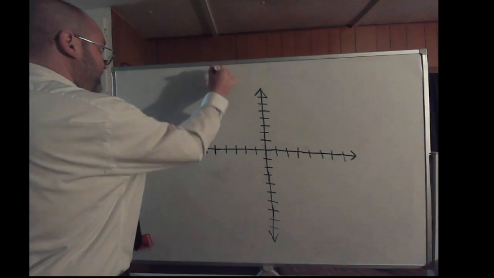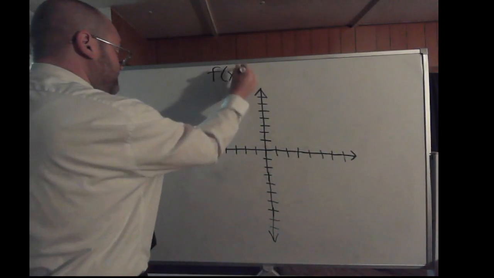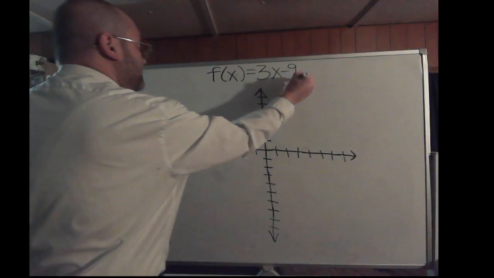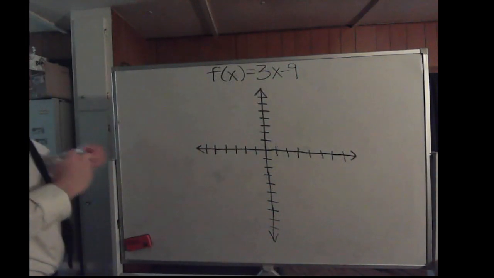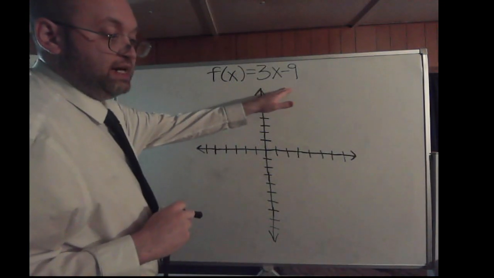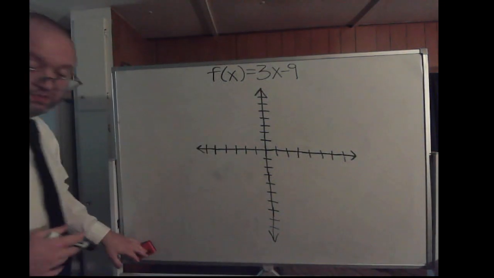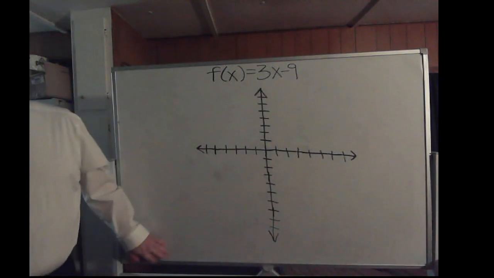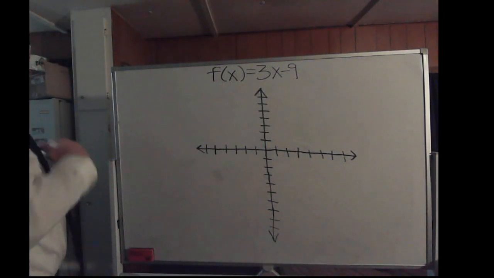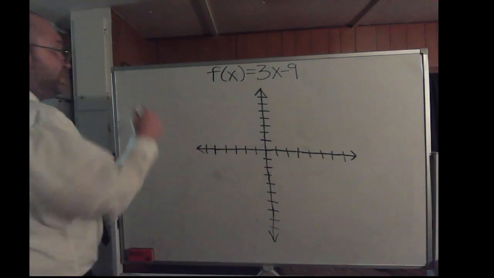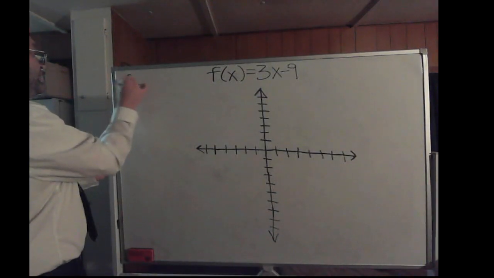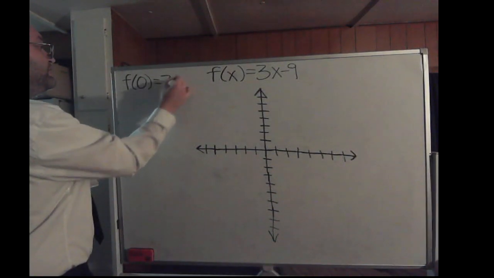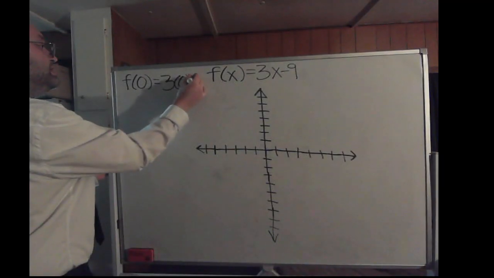Alright, let's see. F of x equals 3x minus 9. So we have the function f of x equals 3x minus 9. Well, let's find the x and y intercepts here. So, y-intercept, you set x equal to 0, so take f of 0. F of 0, that'd be equal to 3 times 0 minus 9.